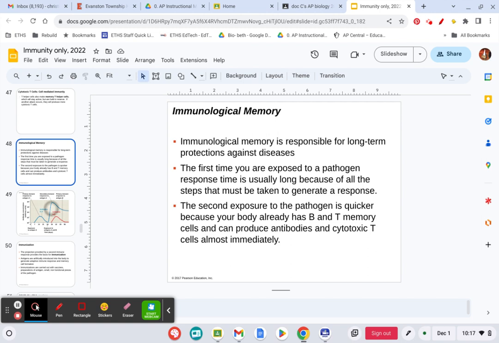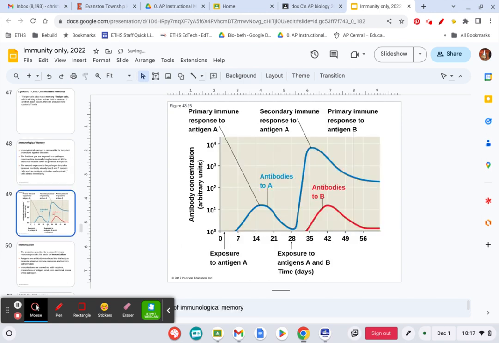So if you look at this graphic here, there's a couple of things to notice. There's a line here in blue, and it says antibodies to A, and primary response and secondary response.